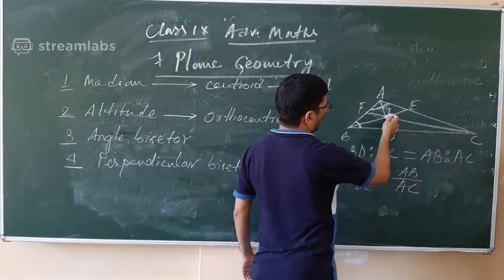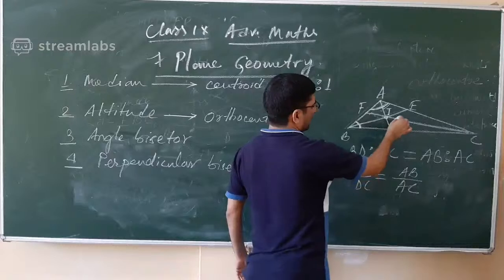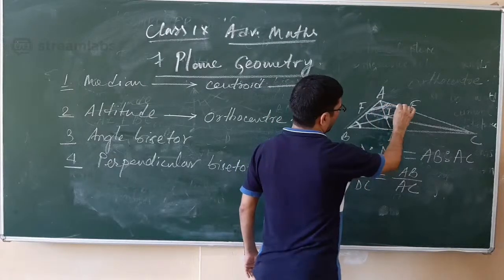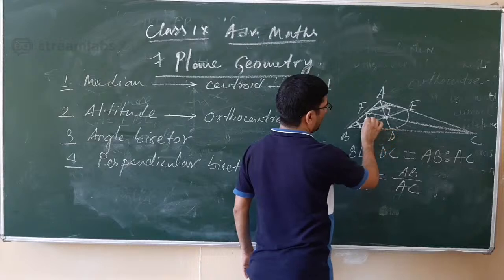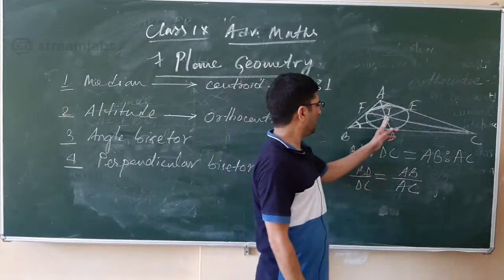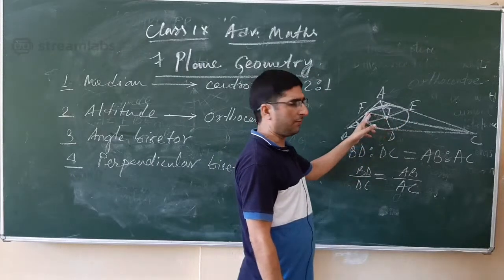Now if you take I as center and ID or IE or IF as radius, then we can draw a circle within the triangle passing through these three points E, F and D. That means in this case IE is equal to ID is equal to IF.